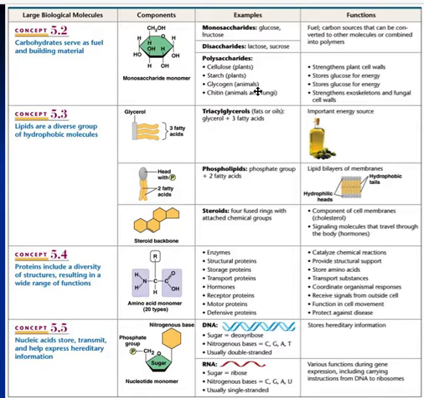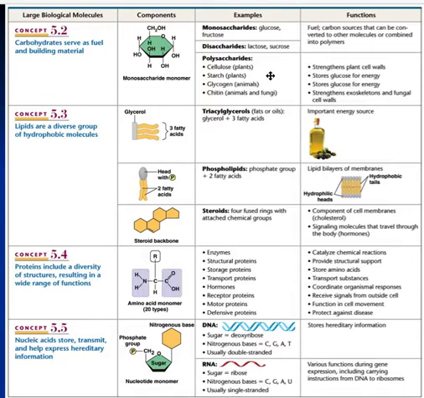Those are simple sugars we call monosaccharides. Lactose and sucrose are also simple sugars that we call disaccharides. And the major polysaccharides are cellulose, starch, glycogen, and chitin. Chitin is actually made out of cell walls of fungus.